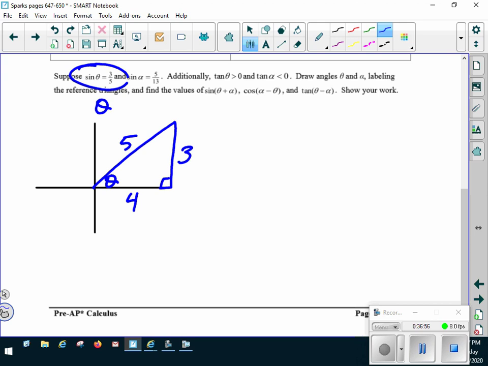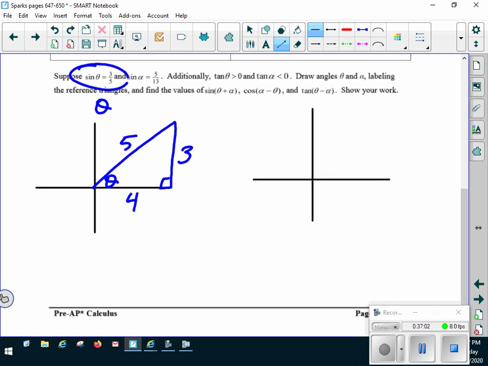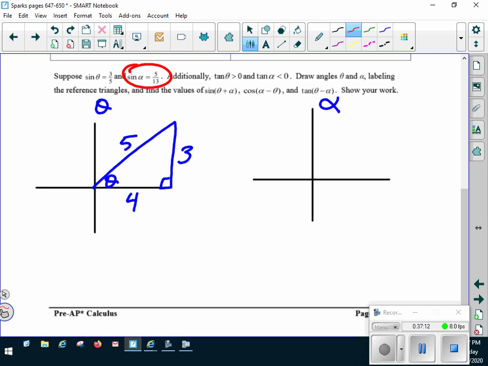Now let's do the same thing for alpha. What do we know about alpha? I know the sine of alpha is 5/13. What quadrants could alpha be in? 1 and 2.